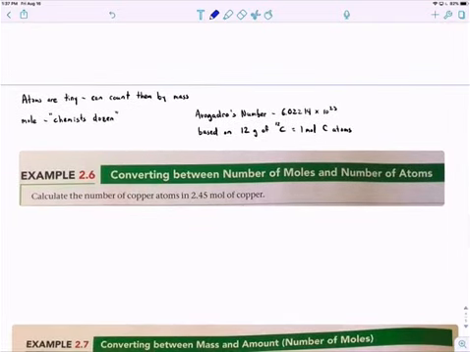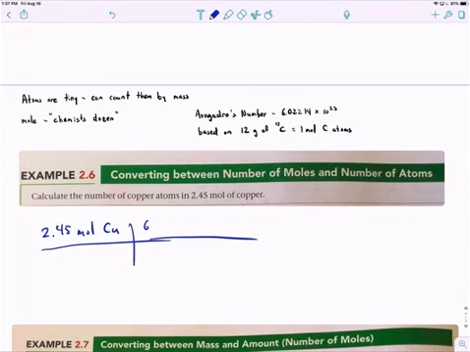Okay, so calculate the number of copper atoms in 2.45 moles of copper, and this is when you use dimensional analysis. So 2.45 moles of copper. So Cu is copper. And then we have 6.02 times 10 to the 23rd copper atoms over mole of copper.